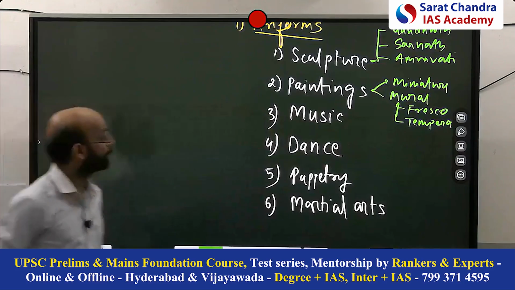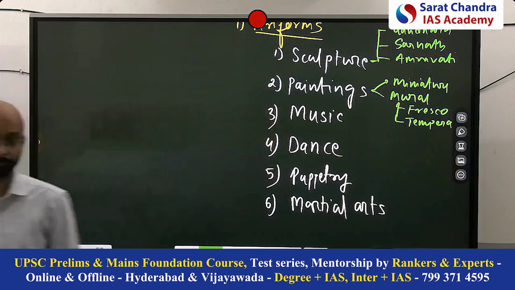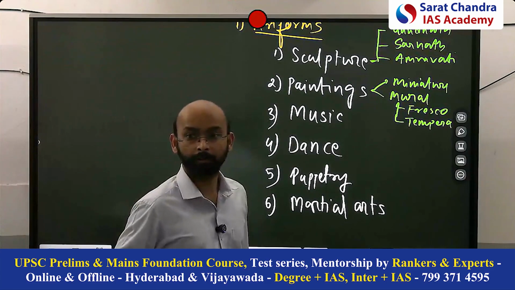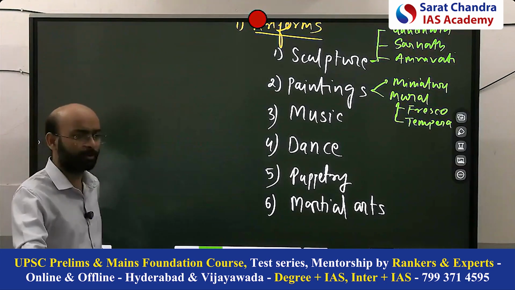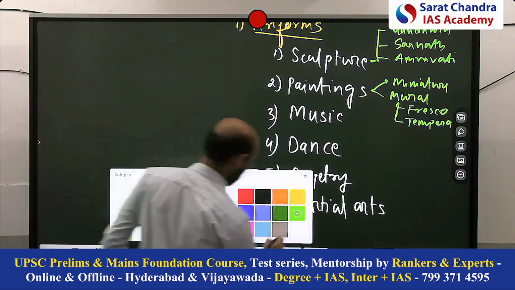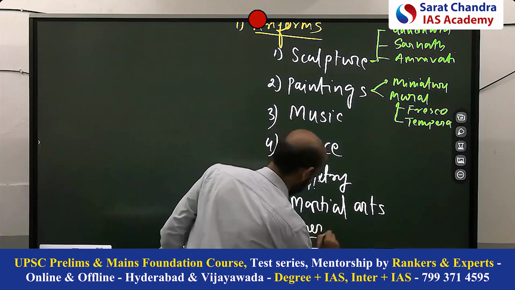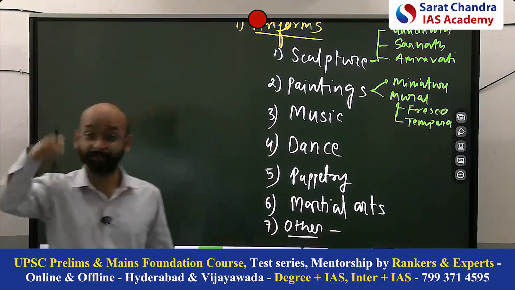Whenever you write this paintings and sculpture point, you can use those keywords. Jewelry making, bead making, yes, those are also there. You can write as other, but not very significant. Within this, one more is there, that's theater. Theater is very important.